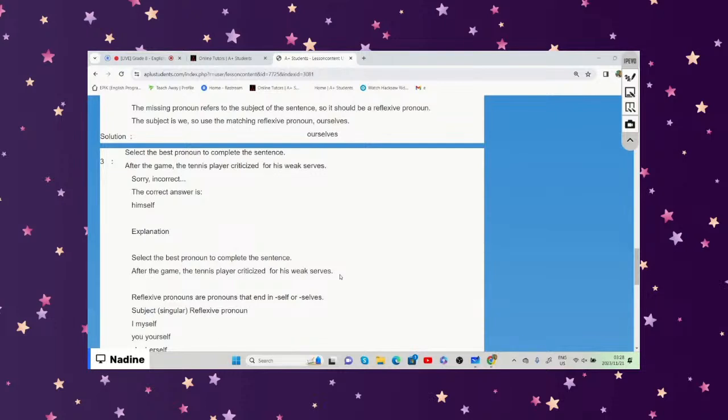So the tennis player, we can even say he. We can substitute the tennis player with he. He criticized himself for the weak serves.